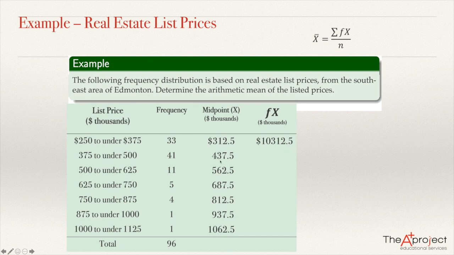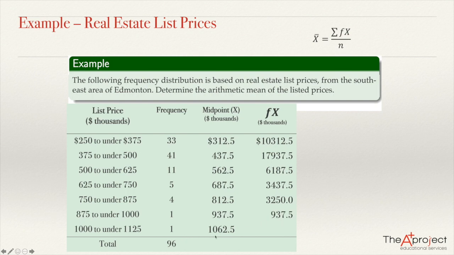41 times 437.5 is 70,937.5. 11 times 562.5, I got 6,187.5. 5 times 687.5, I got 3,437.5. 4 times 812.5, I get 3,250. 1 times 937.5 is 937.5.